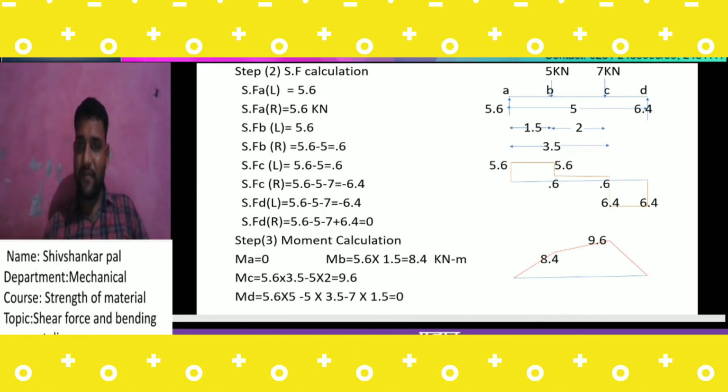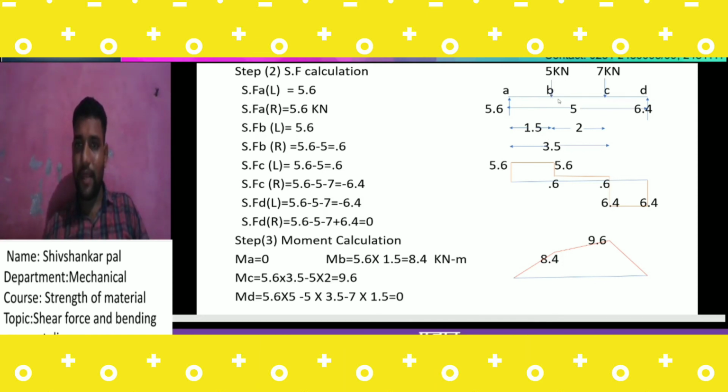Minus 5: it tries to rotate anti-clockwise about point D, and the distance from point D to the 5 kN load is 5 minus 1.5, which is 3.5. 3.5 into 5 kilonewton is the moment, but it is negative because it tries to move in the anti-clockwise direction.